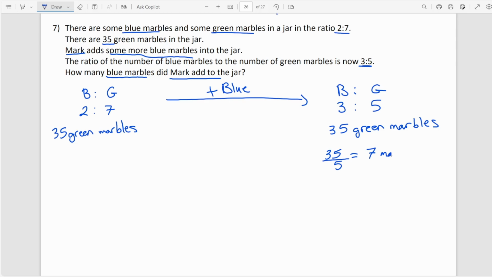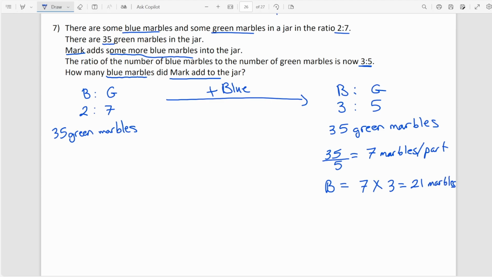So this is the marbles per part for this ratio. So how many blue do I have after Mark added? It will be 7 times 3. So 21 blue marbles. All right.